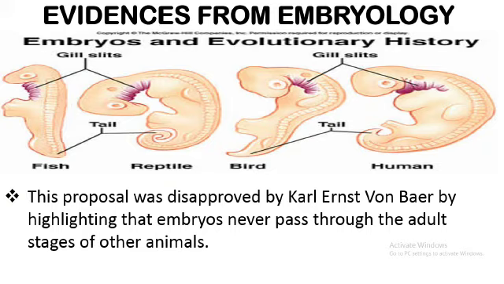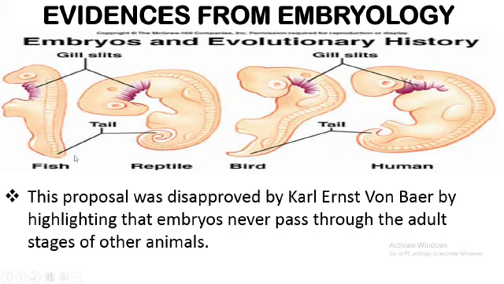So this is what Ernst Haeckel wanted to say about evolution, showing the comparative similarities in structure in embryos and the adult. But this evidence from embryology given by Ernst Haeckel was disproved by Karl Ernst von Baer by highlighting that embryos never pass through the adult stages of animals.